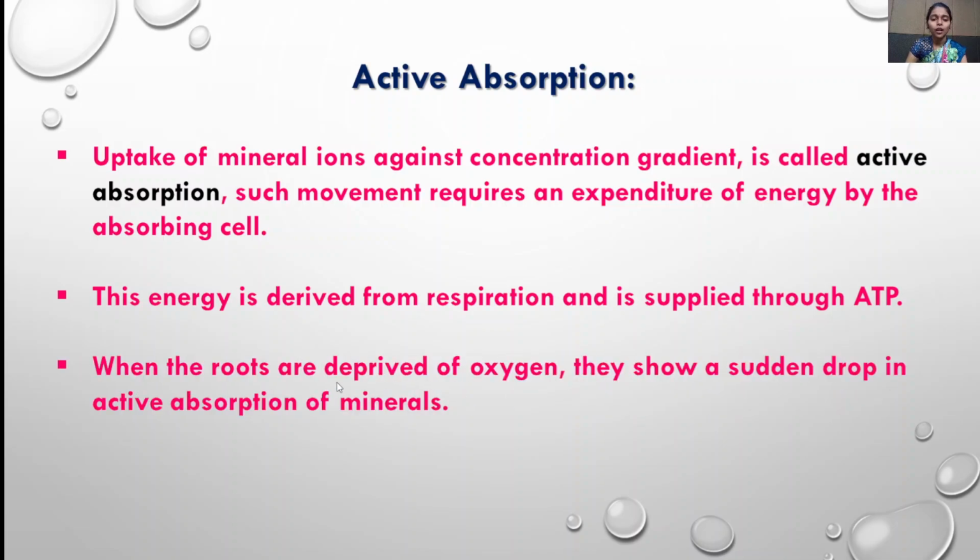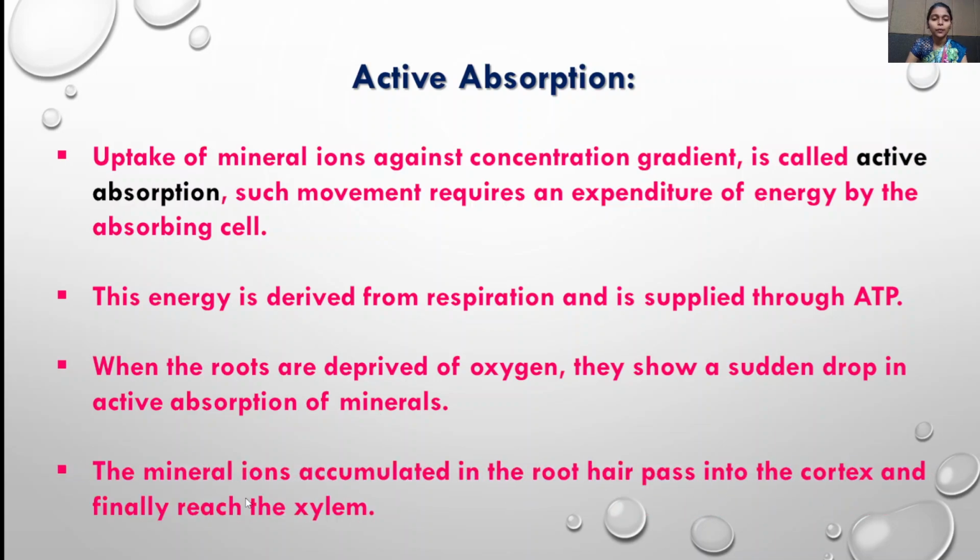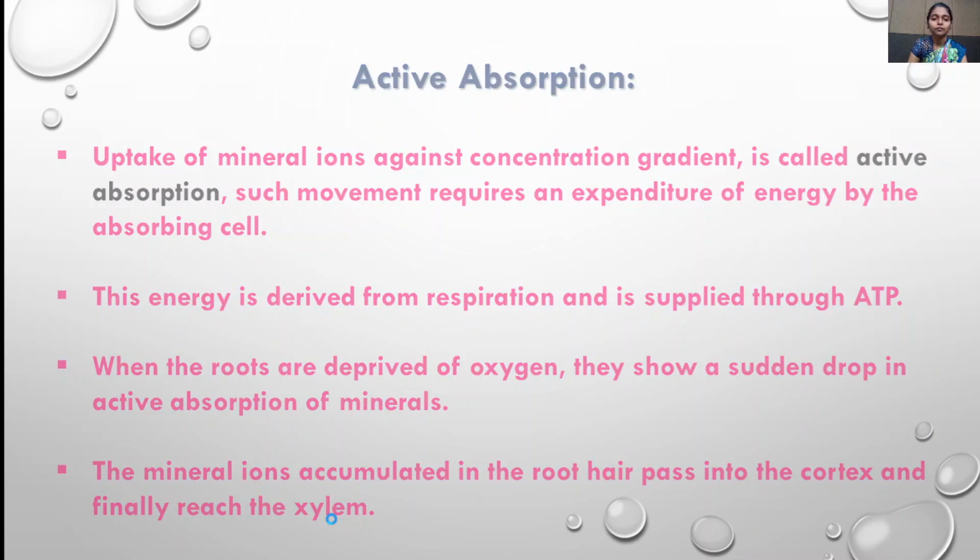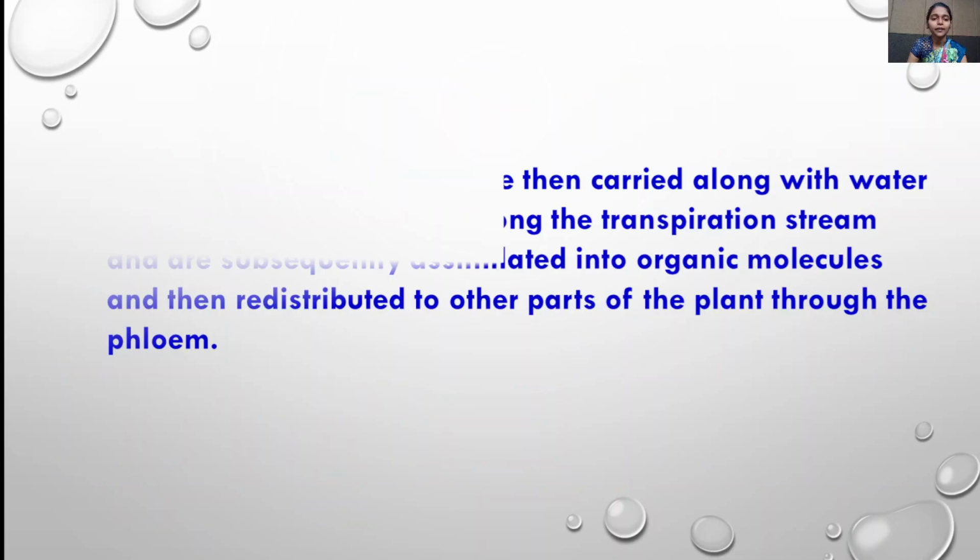When the roots are deprived of oxygen, they show a sudden drop in active absorption of minerals. The mineral ions accumulate in the root hair, pass into the cortex and finally reach the xylem. Moves to the next slide.